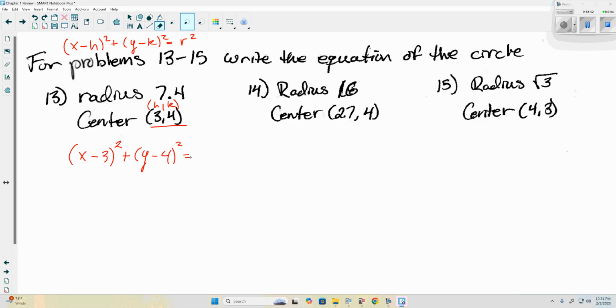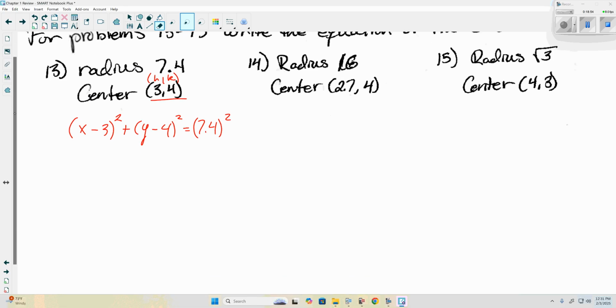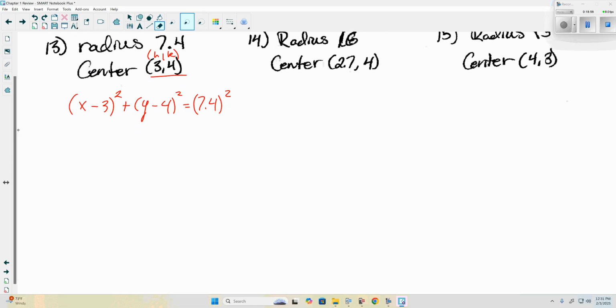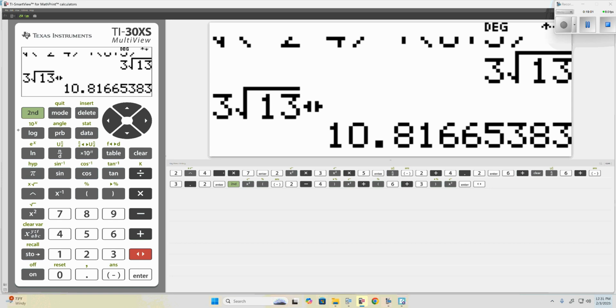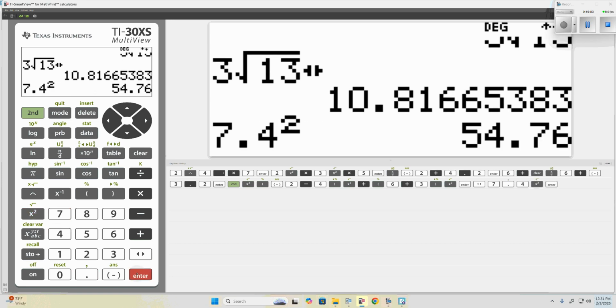If we plug the values of h and k in, we'd have x minus 3 squared plus y minus 4 squared is equal to our radius squared. Well, 7.4 squared is 54.76.